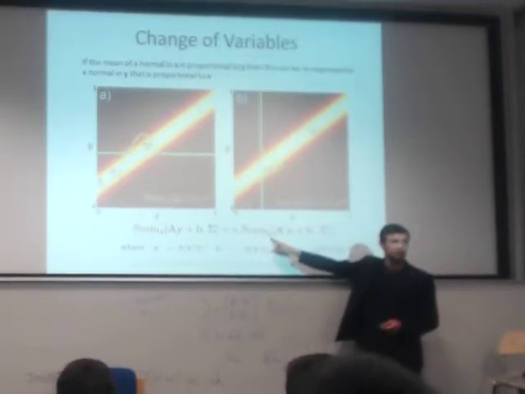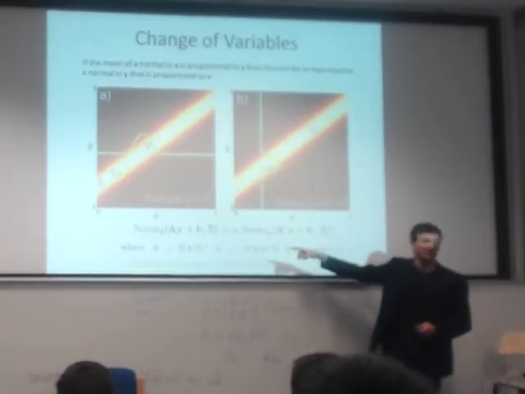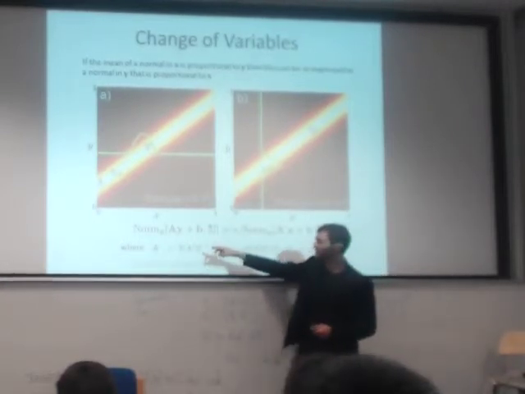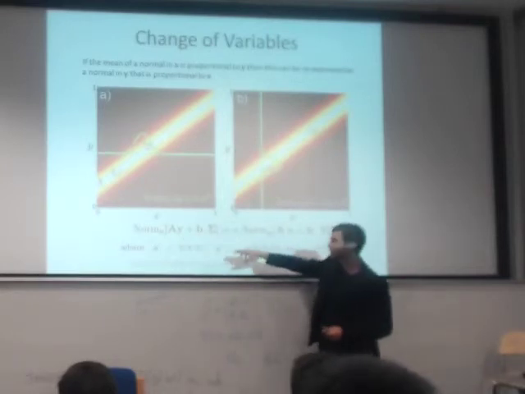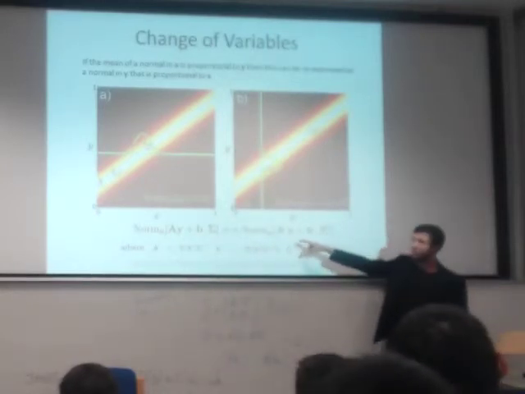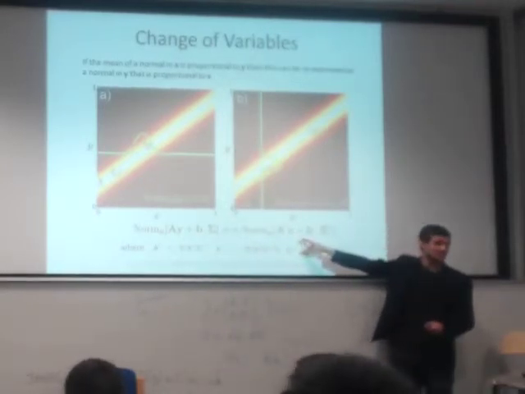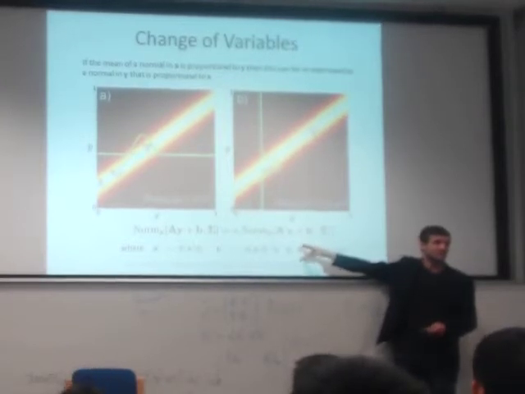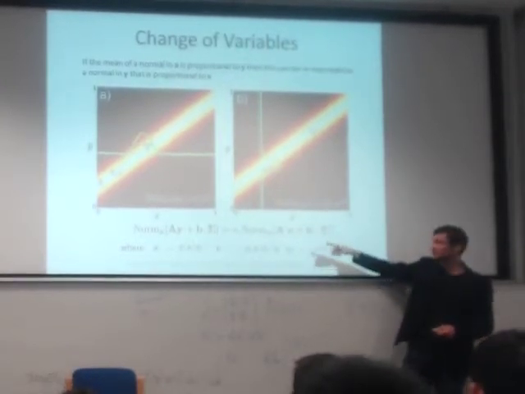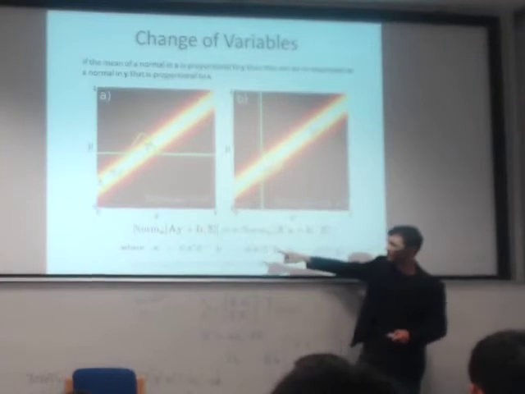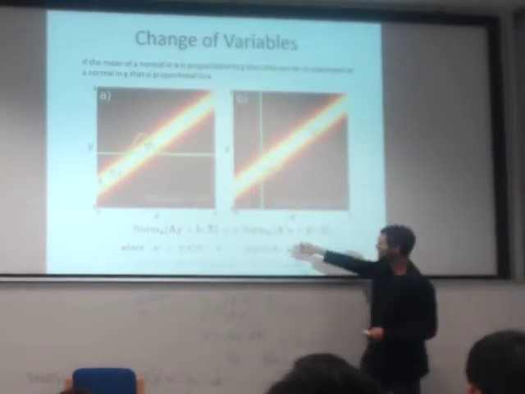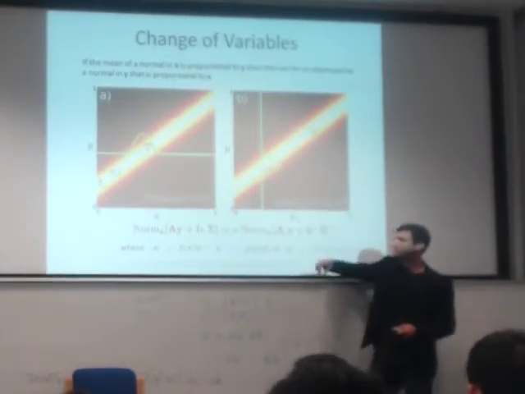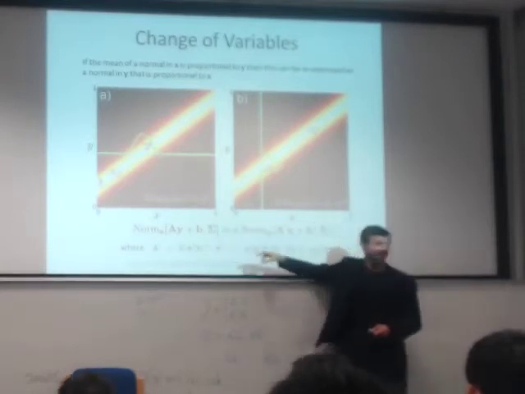Yeah, that's the whole point: if the distribution of x is a function of y, then the distribution of y can be related to x. So the parameters of the distribution of y are related to x, and the relationship is given to you by these a prime, which is equal to this, and so on.